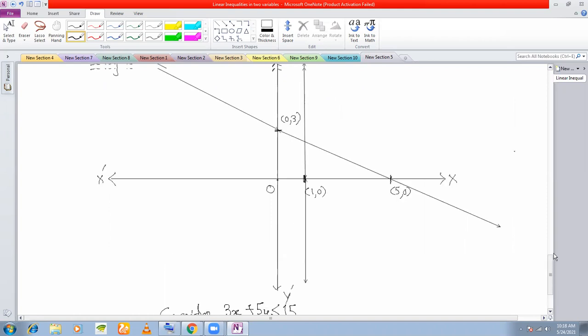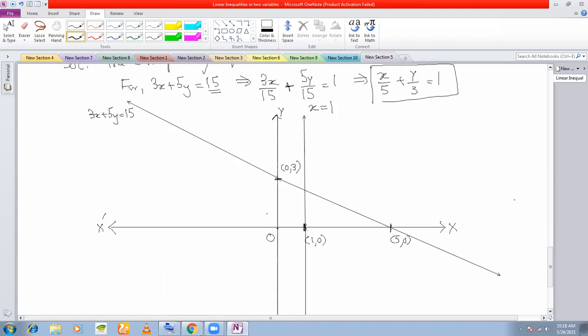Now see here, this straight line divides the plane into two parts, origin side and the non-origin side, right? Now what you do is you take any point on any side. Normally we consider the origin. Origin is here, (0, 0). Whenever we have the origin side and the non-origin side, it is always easier to take the point on the origin side, because it is easier to check in the inequality.